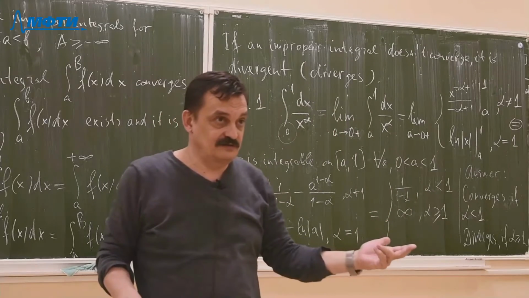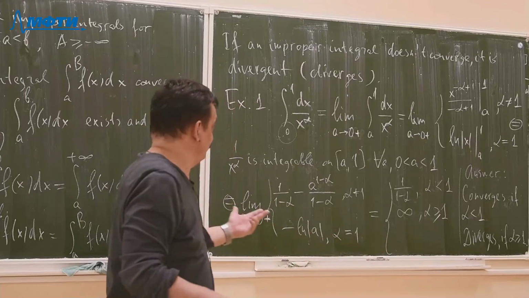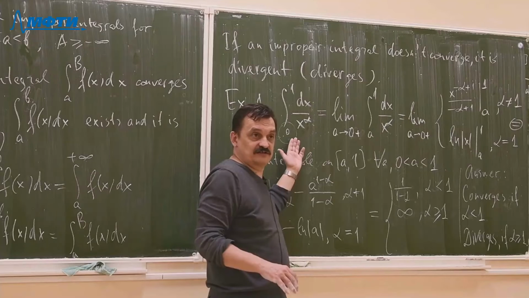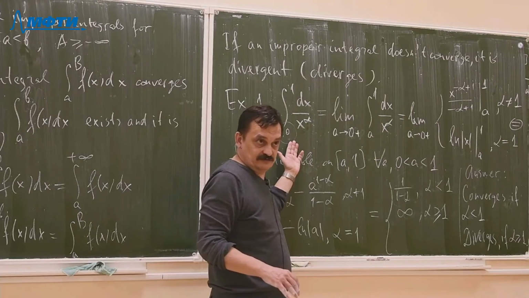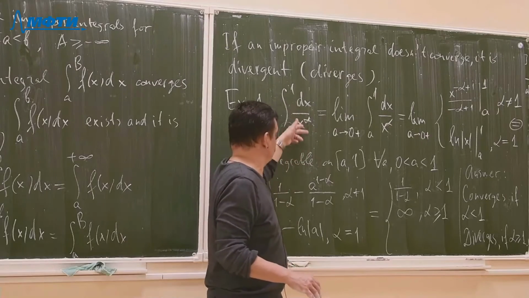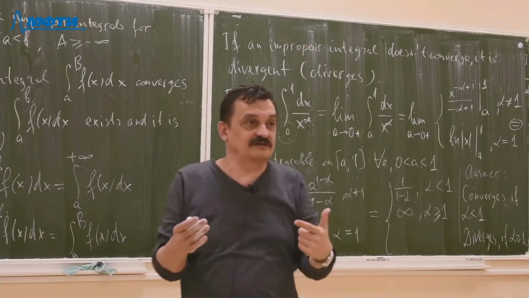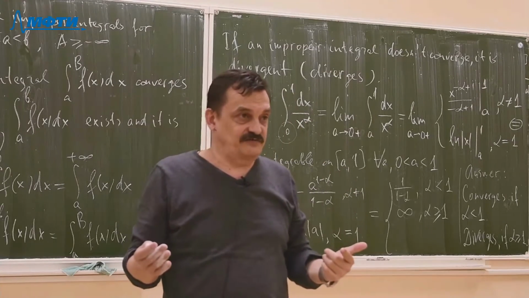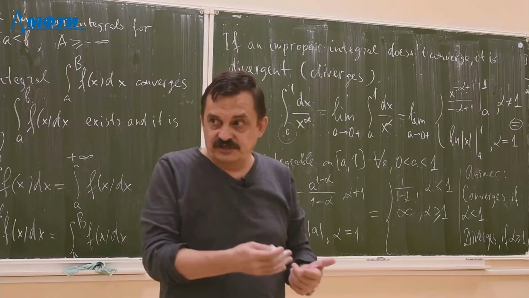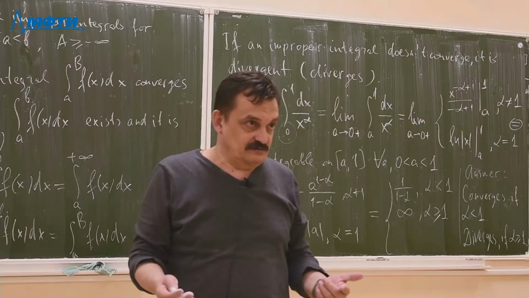It means the function is bounded, and in fact it is even continuous, right? On 0, 1, if I write it as x to the power minus alpha, at 0 it is 0, right?